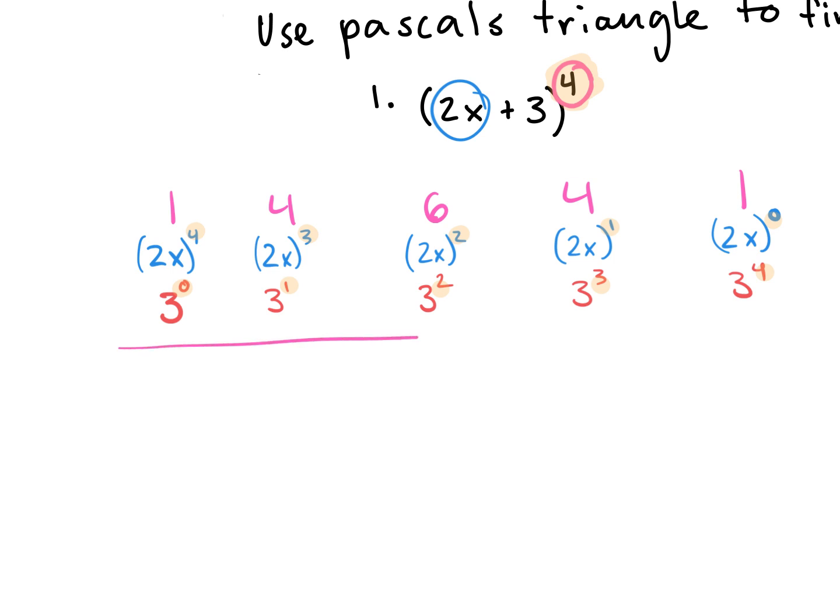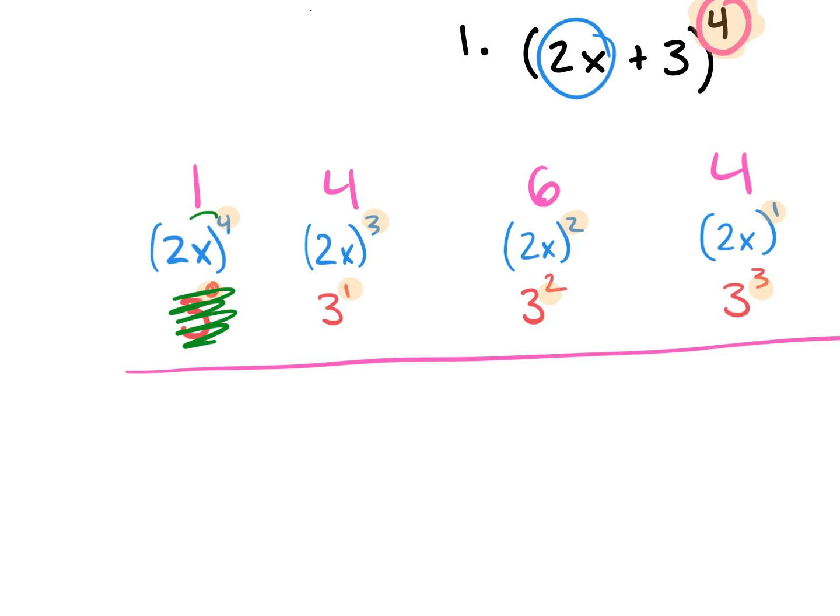Now let's combine. Well, what is 3 to the power of 0? 1. So that's going to go away. What's 2x to the power of 0? 1. So that one goes away. So you can always just cross out the ones that are the power of 0. So we have 2x to the power of 4. Be careful here because we have to distribute the 4 to the 2 and the x.